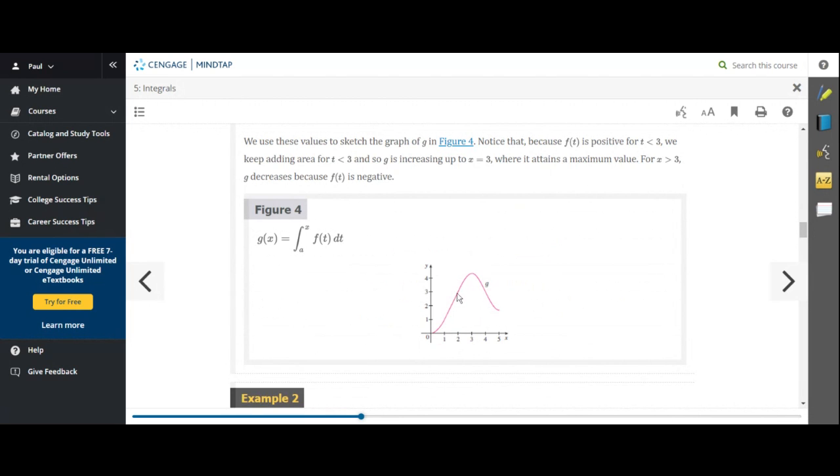The graph of g passes through the point (2, 3). So point (0, 0), point (1, 1), and point (2, 3), for example, are on the graph of g, and so g passes through those points.